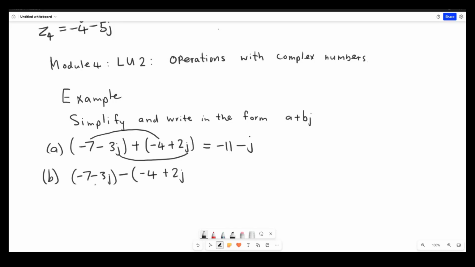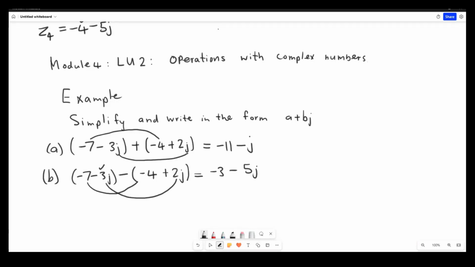Again, now I'm doing subtraction. -7 minus -4 is the same as -7 plus 4, which is -3. And now I look at -3j and 2j, I subtract: -3j minus 2j. Let me just put the bracket here, guys.